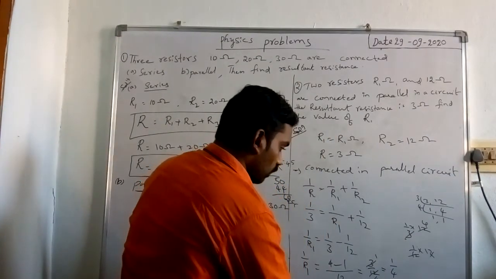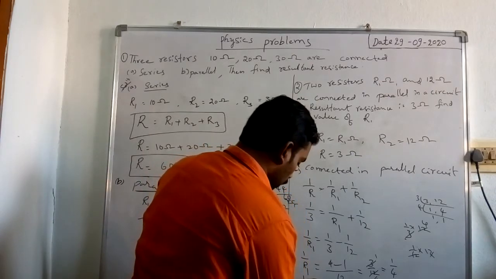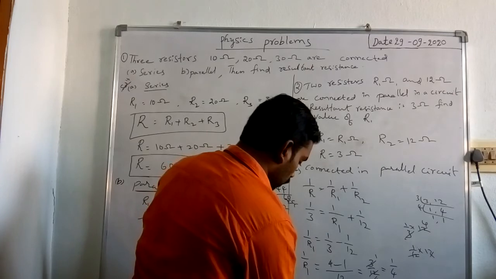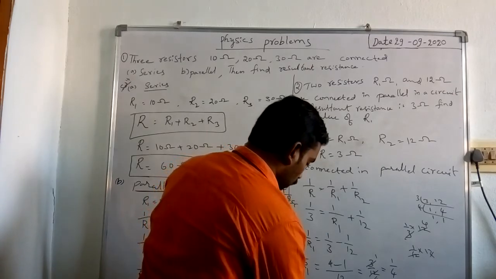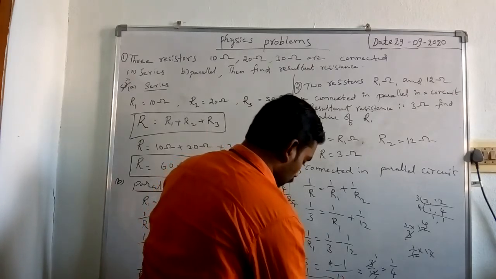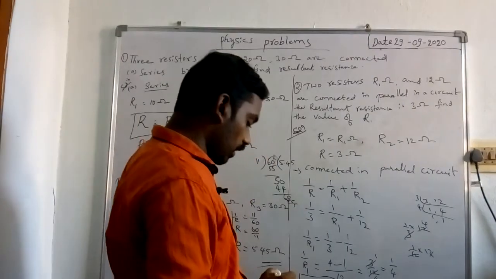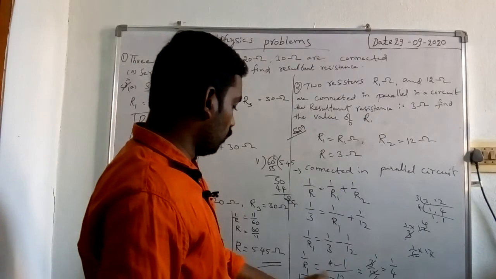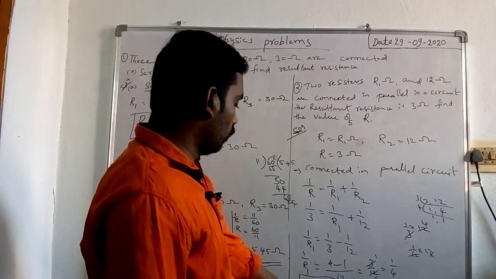Here 1 by R1 equal to 1 by 4. R1 equal to 4 ohms. Reciprocal, you need R1, not 1 by R1. So R1 equal to 4 ohms.